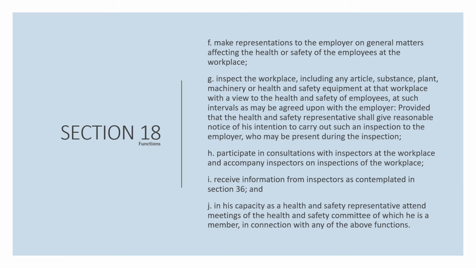Participate in consultations with inspectors at the workplace and accompany inspectors on inspections of the workplace. Receive information from inspectors as contemplated in section 36, and, in his capacity as a health and safety representative, attend meetings of the Health and Safety Committee of which he is a member in connection with any of the above functions.